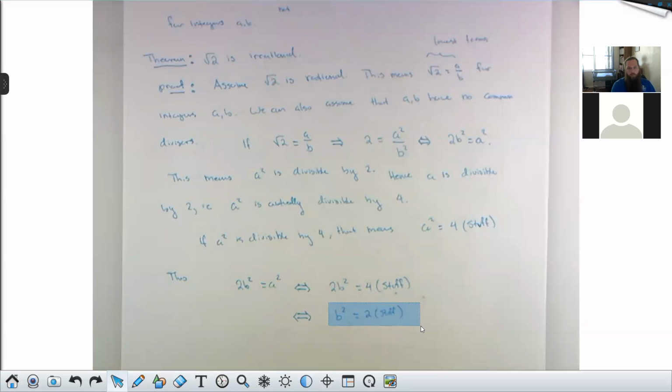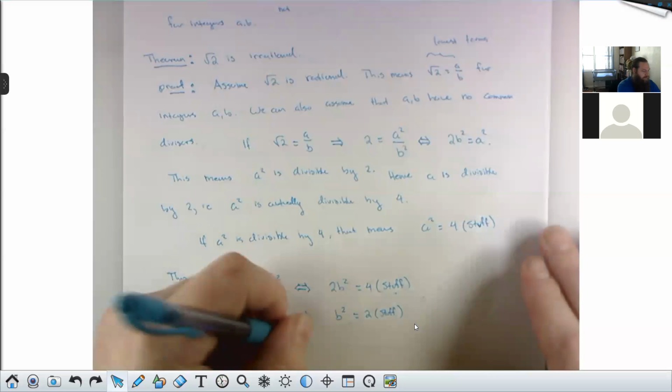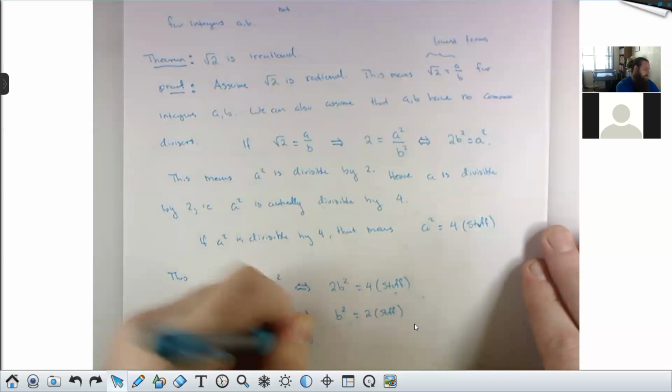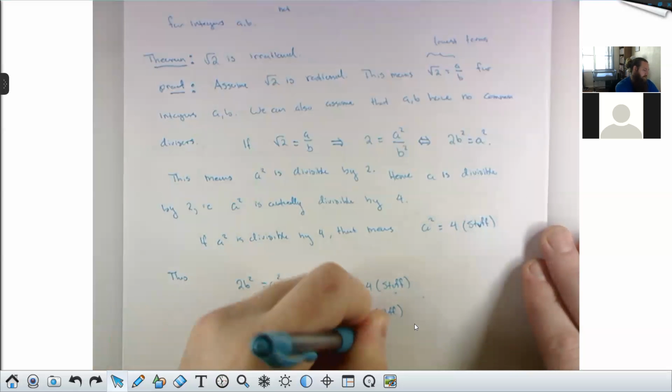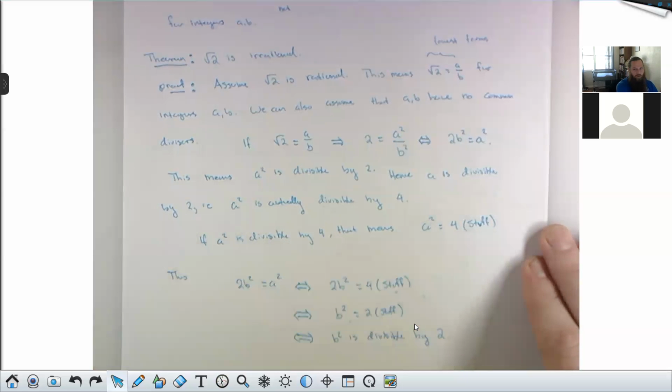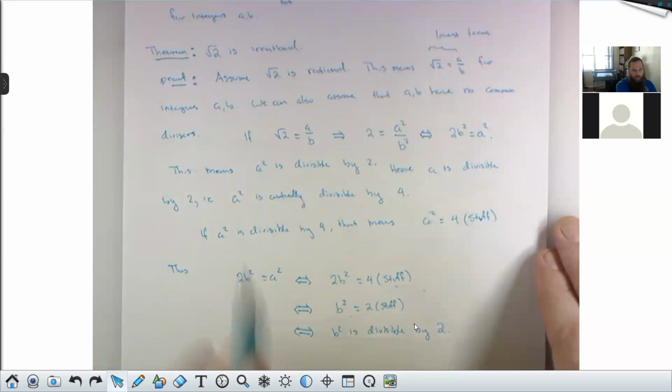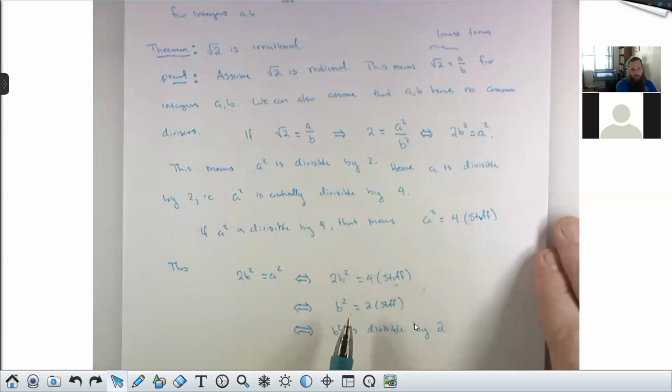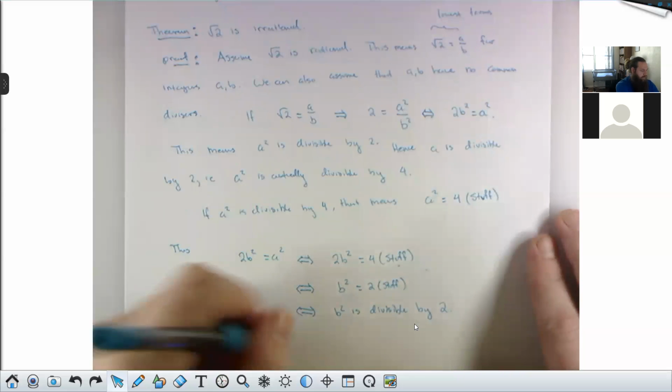We're now saying that b squared is divisible by 2. Earlier we said a squared is equal to 2 times b squared. That means a squared is divisible by 2. Well, now I'm saying b squared is equal to 2 times something else. That means b squared is divisible by 2. But as with a and a squared, if b squared is divisible by 2, then b is divisible by 2.